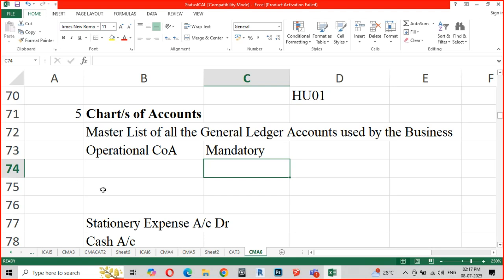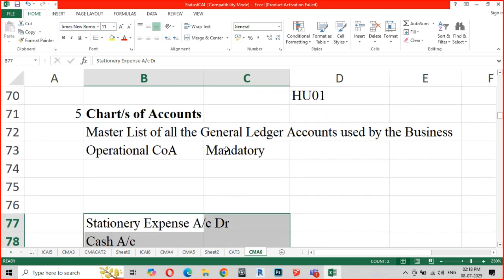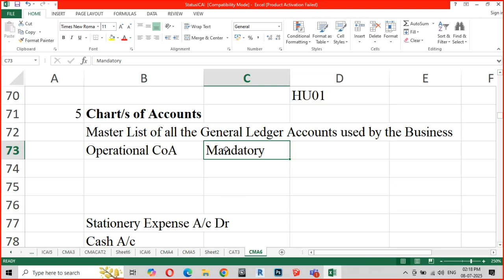How do you think the SAP system is going to accept this transaction? If the stationery expense account is not available or the cash account is not available, is it possible for the SAP system to understand this transaction? No. That is the reason this becomes mandatory. The setting up of the relation between the chart of accounts and your company code is mandatory.